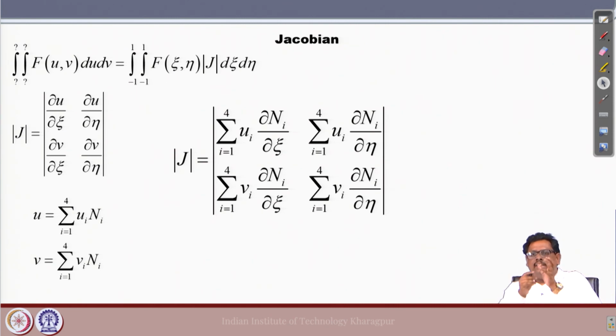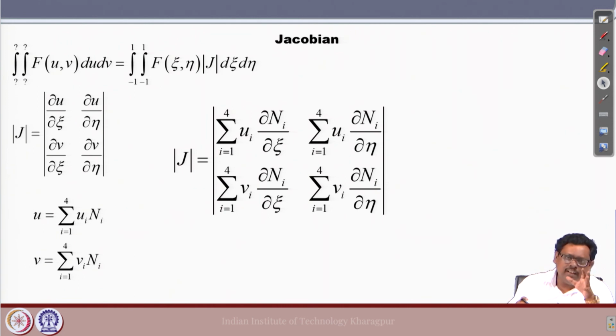Now, if you do this differentiation, then it is a function of xi and eta, and if you put the values for xi_i and eta_i, then definitely you get a number. So, from this Jacobian also we get a number, because del N by del xi is nothing but a function of eta, and if I put the value of eta_i there, and similarly del N by del eta gives a function of xi, where I put the value of xi.